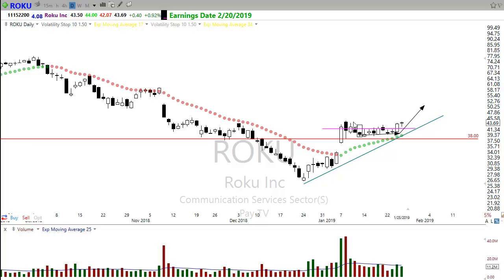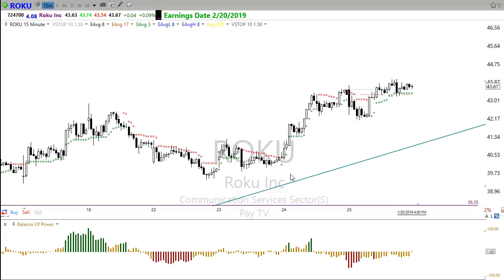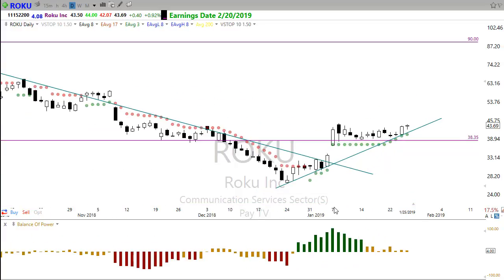I want you to notice in that first pullback, if you try to set this trade up with the volatility stop right here, let me go over to here. If you try to set this trade up, sometimes the volatility stop, because of the volatility of that move, would be down here. Because of that quick move up and then quick little pullback and that pop comes in here, you try to plan that trade, you're taking a lot more risk.